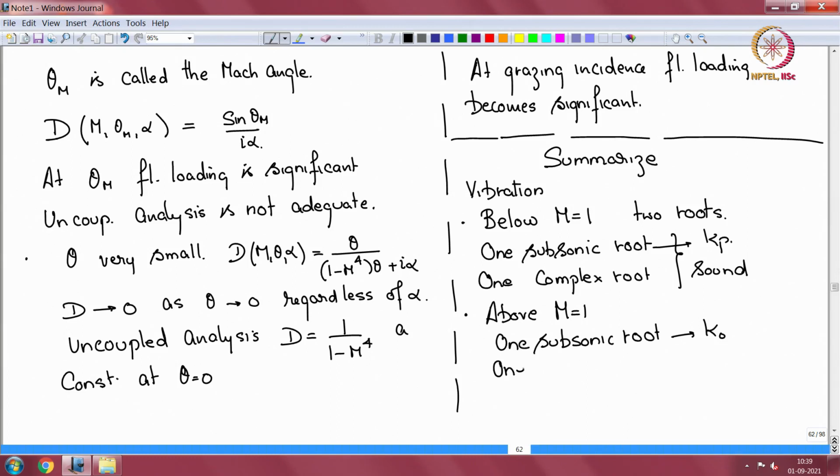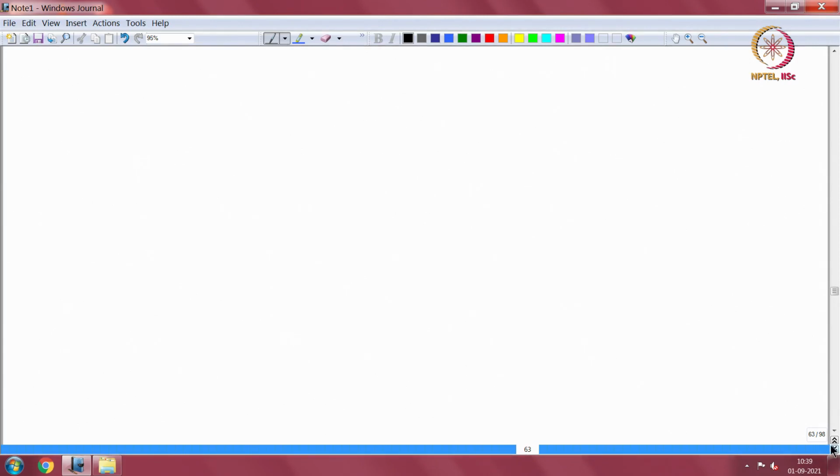Then we get again that one complex root, then we get one supersonic root, which is near Kp, okay, that is called the leaky pole, that is responsible for sound.